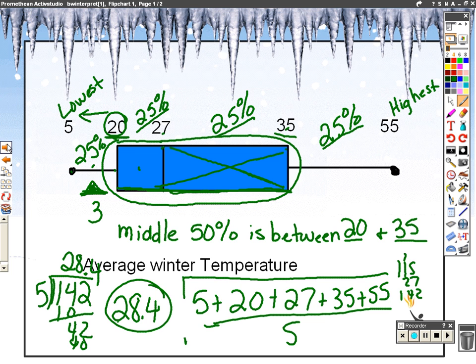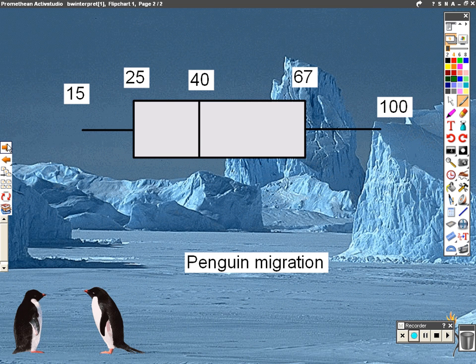Let's look at another one. Okay, penguin migration. The penguins travel 15, 25, 40, 67, or 100 miles on their migration track. If I asked you, 25% traveled more than this amount, I hope you'd say 67. 50% traveled further than this distance.